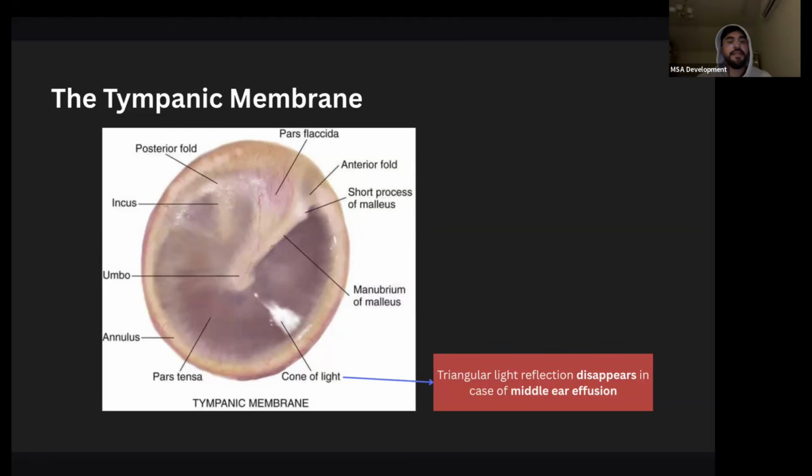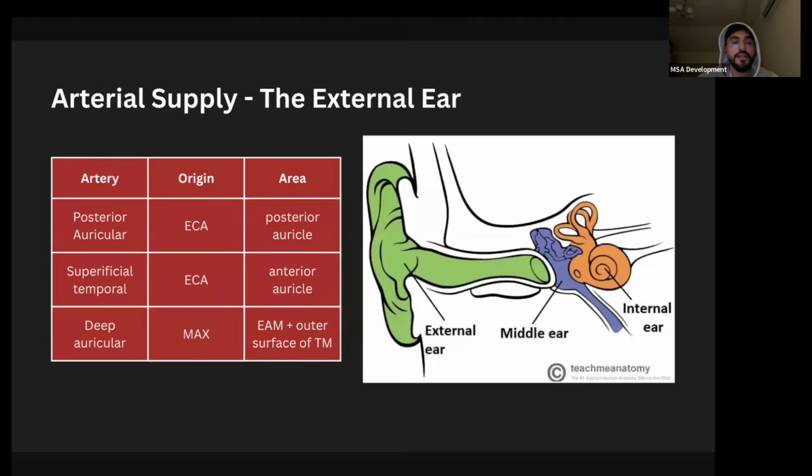Okay. Right. Let's talk about the arterial supply of the external ear. So we have the posterior auricular artery, which comes from the external carotid artery, supplies the posterior auricle. You have the superficial temporal artery, which also comes from the external carotid artery, supplies the anterior auricle.